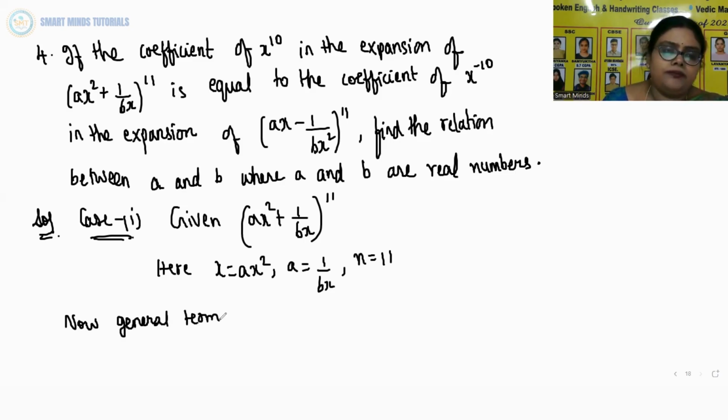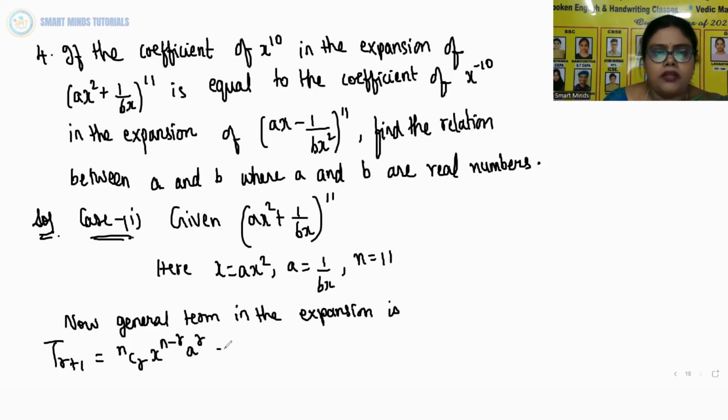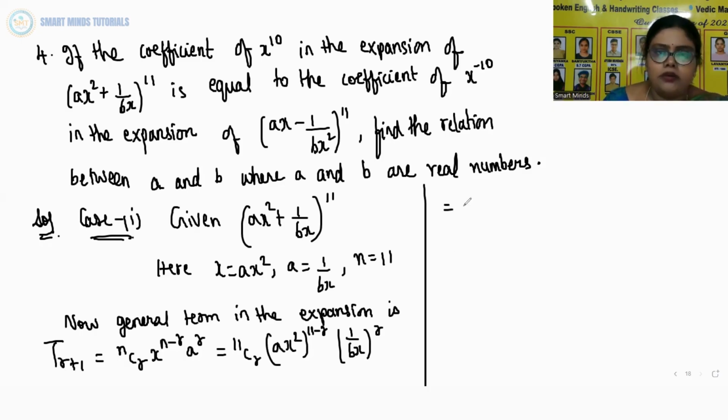So the general term in the expansion is T r plus 1 is equal to nCr x power n minus r a power r. Now you substitute the values. 11Cr (ax square) power 11 minus r into (1 by bx) power r. So that is equal to 11Cr a power 11 minus r x power 22 minus 2r.